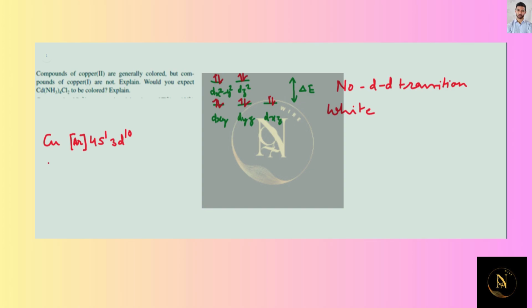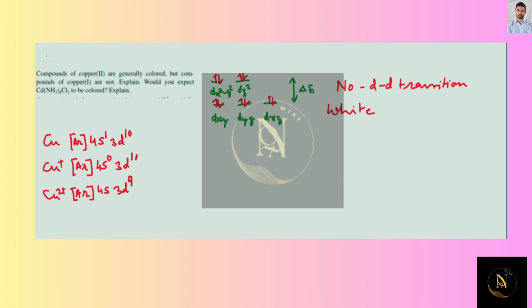So copper plus should be argon 4s0 3d10, as first electrons are removed from the 4s orbital. And in case of copper 2+, after argon, 2 electrons are removed, first from the 4s orbital and then from the 3d orbital. So 9 electrons are left in the d orbital.